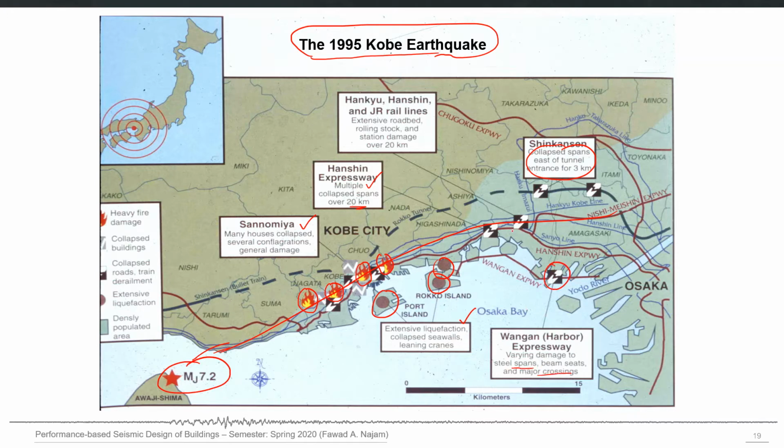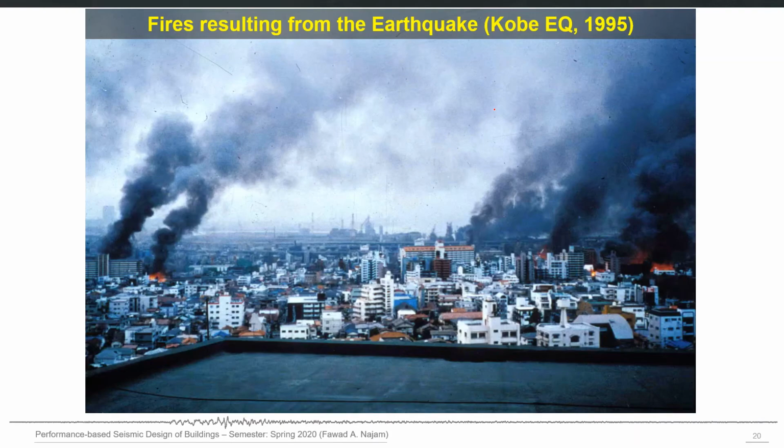So just one earthquake caused several of the earthquake hazards: liquefaction, ground shaking, and also several collapses in buildings and tunnels, as well as the expressway bridges. In fact, this earthquake caused a tsunami also, but its height was not enough to cause significant damage. So the point is that just one earthquake can cause many hazards.